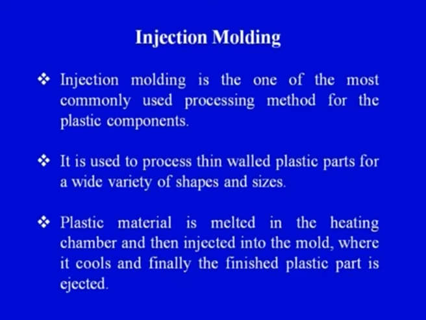Point number 2 on your screen. It is used to process thin walled plastic parts for a wide variety of shapes and sizes. This point I have already emphasized, that we can make a wide variety of components using the injection molding process. The size can vary, and we can have different shapes.